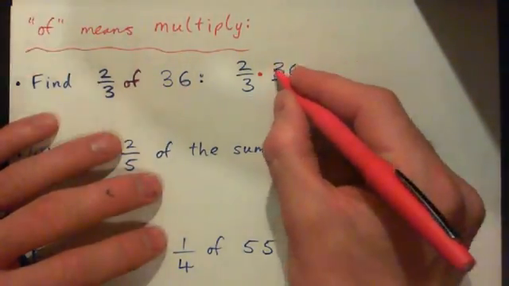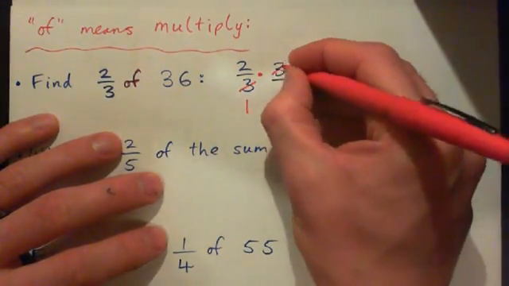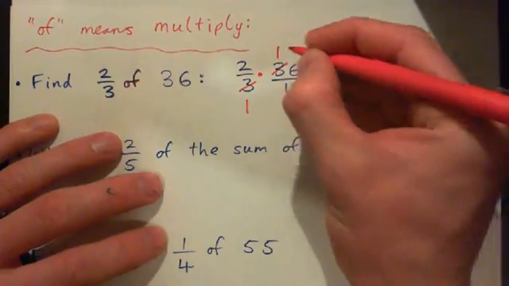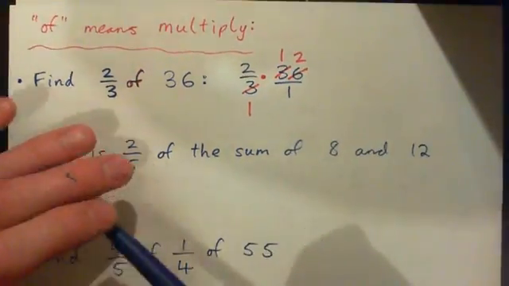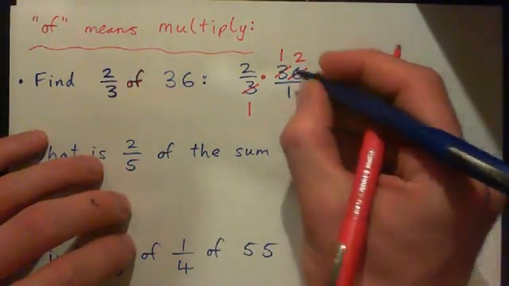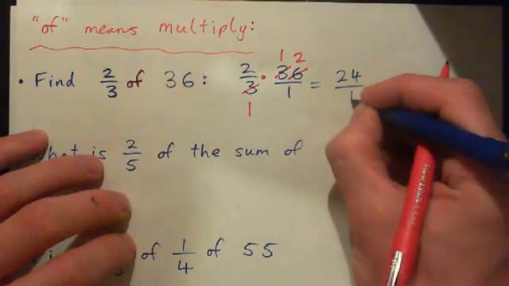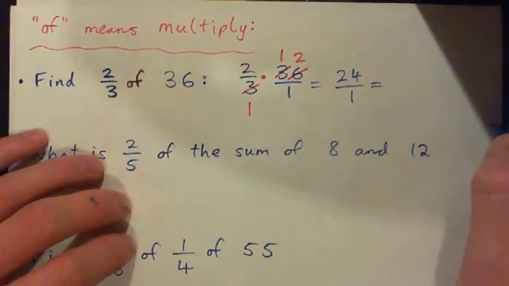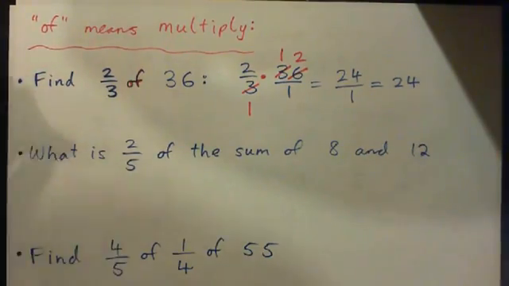So doesn't 3 go into 36? 3 into 3 goes once. 3 into 36 goes 12 times. So this gives us 2 times 12, 24 over 1 times 1, which is 1, and 24 divided by 1 is 24, right?